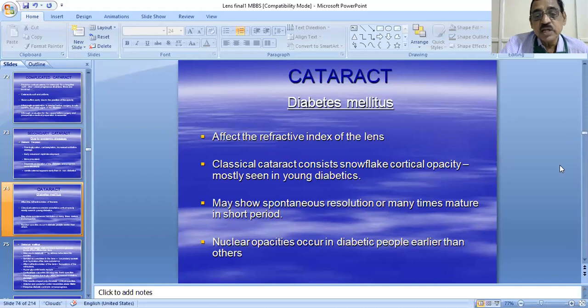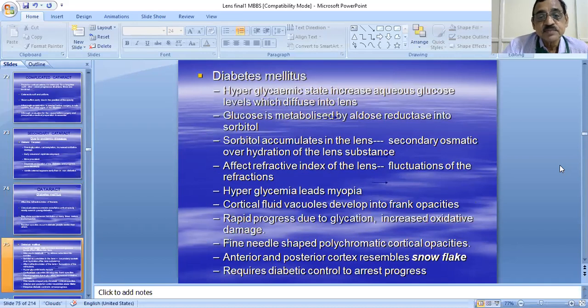It may show spontaneous resolution, or many a time it may progress very fast. Nuclear opacities occur in diabetic people earlier than in others. Hyperglycemic states increase aqueous glucose levels, which diffuse into the lens.